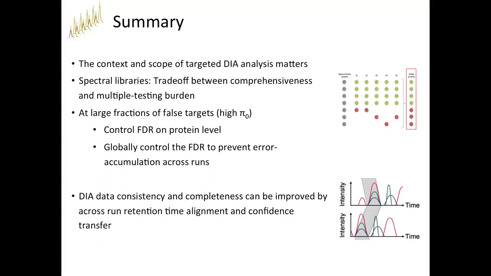And finally, DIA data consistency and completeness can be improved by using a cross-run alignment to get better matrix completeness and to transfer confidence between the different runs.